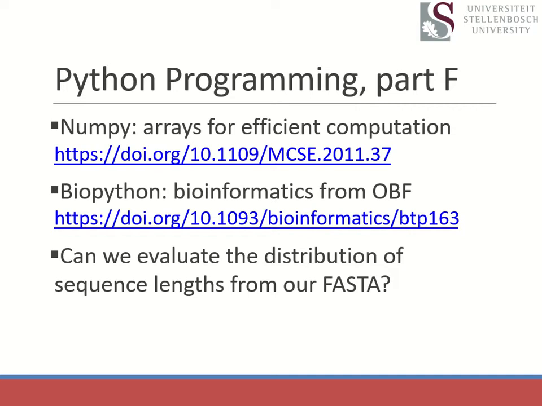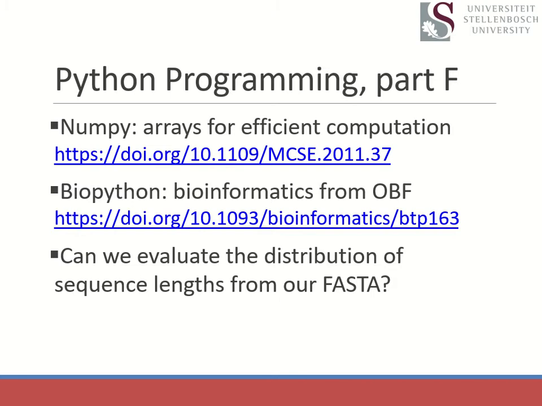Now, one of the reasons why we're bringing NumPy into this discussion is that we've been talking about vectors of counts or lists of counts. How many times did this amino acid appear in this database? But very frequently, we're dealing with numeric values of a different kind.